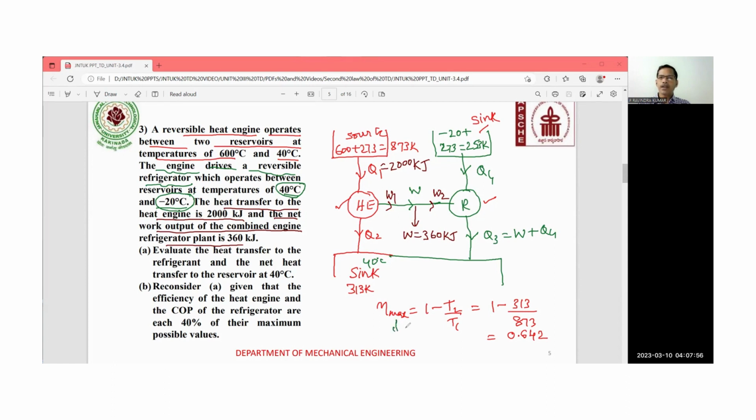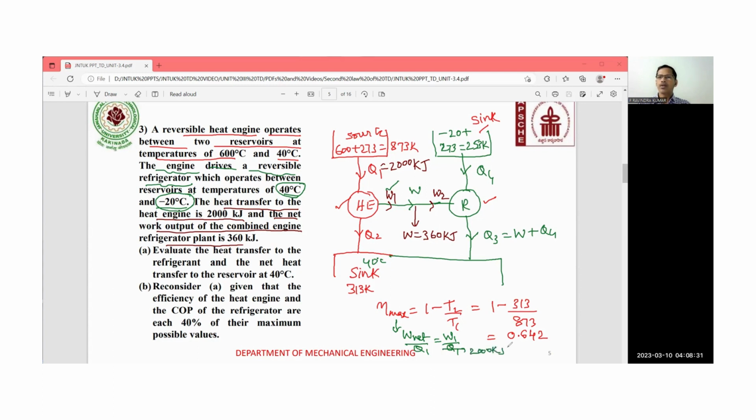This maximum efficiency is nothing but net work divided by heat supplied. The net work I will call W1, so it is W1 divided by Q1. Q1 is already given as 2000 kilojoules.